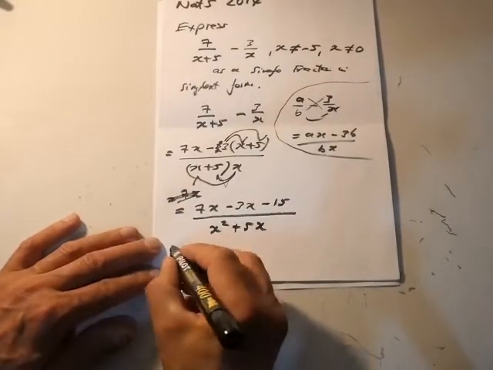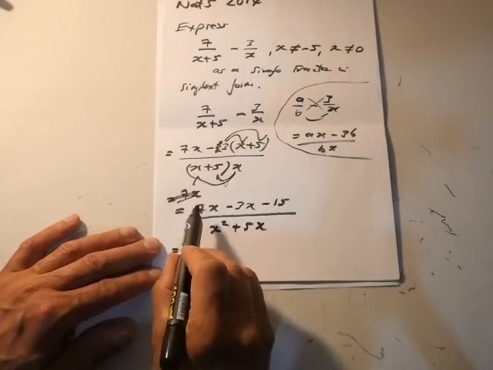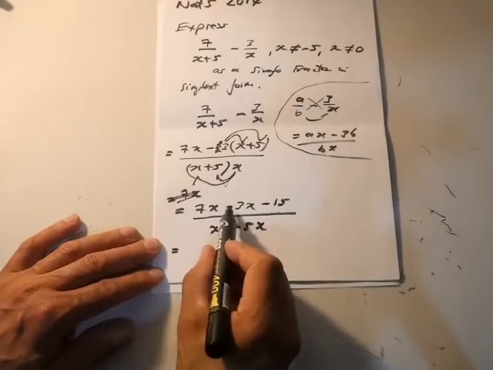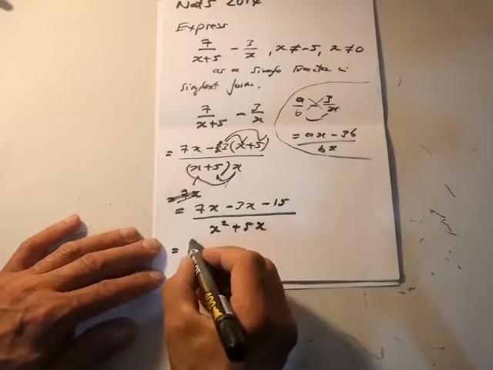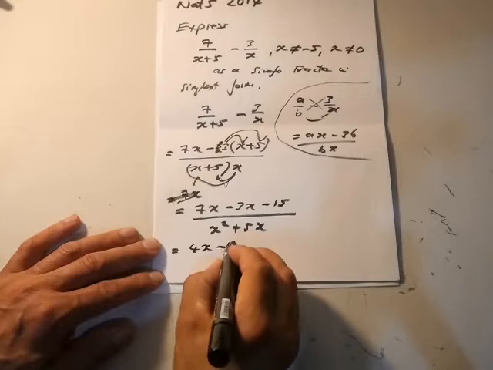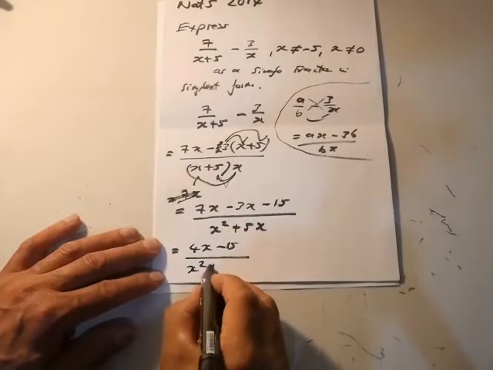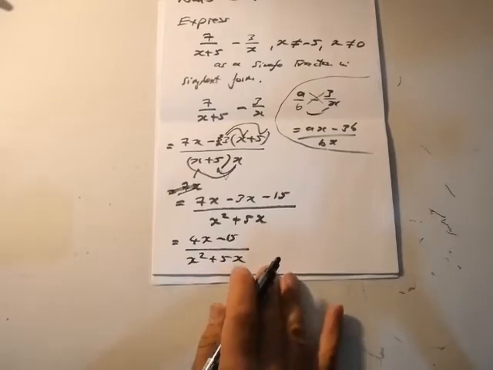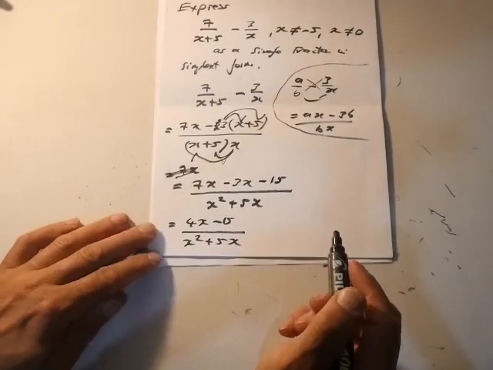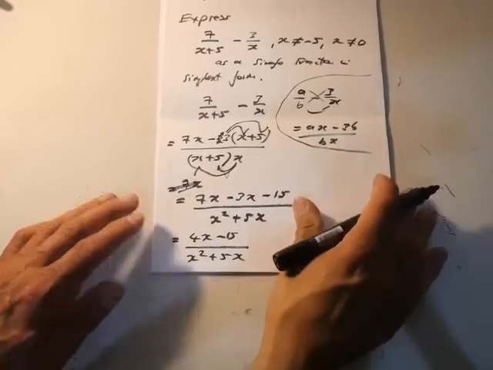And then you add it all up: 7x minus 3x is 4x, minus 15 over x squared plus 5x, okay? Can you simplify that further? I don't think so.